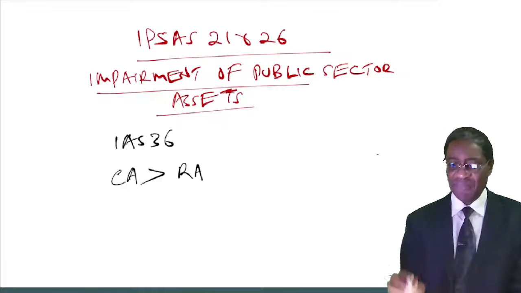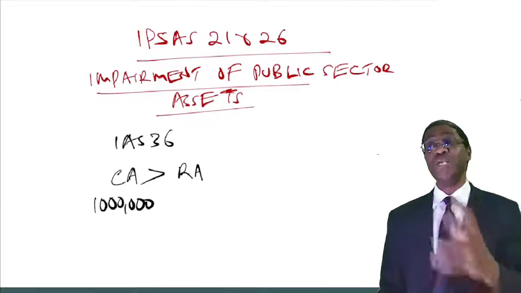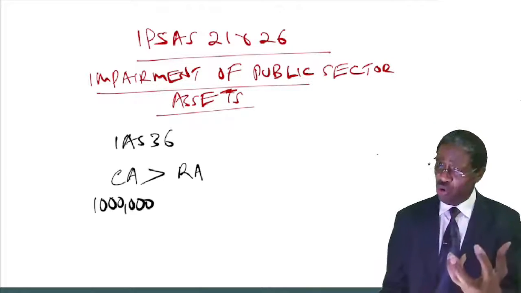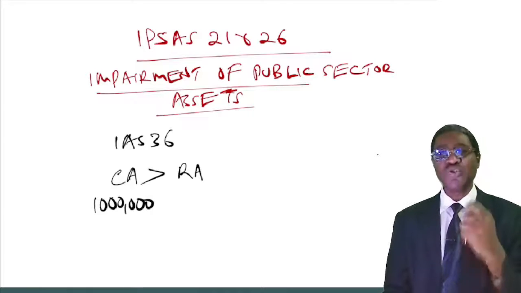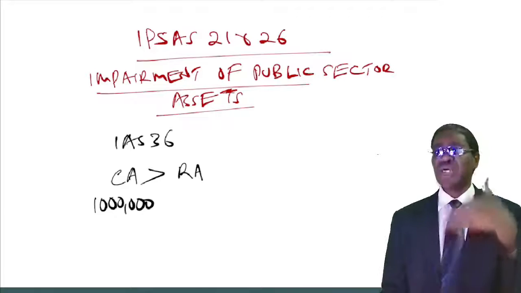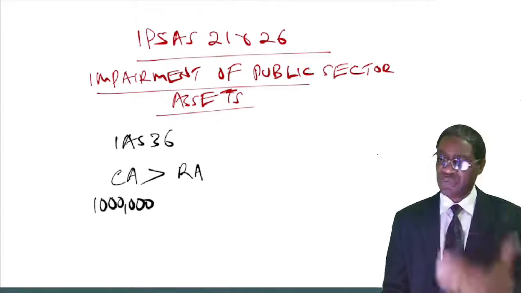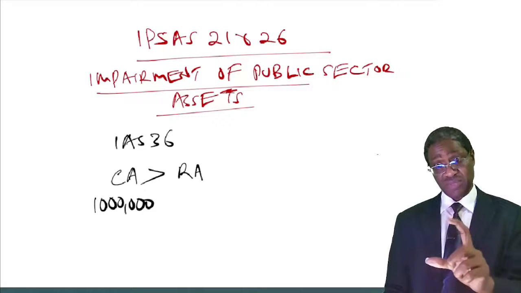Suppose we assume that the carrying amount of an asset is 1 million. I do hope you remember, we said carrying amount of an asset is the amount at which an asset appears in the books. The amount at which an asset appears in the books, that is what we call the carrying amount.